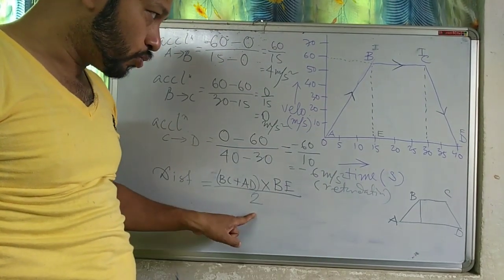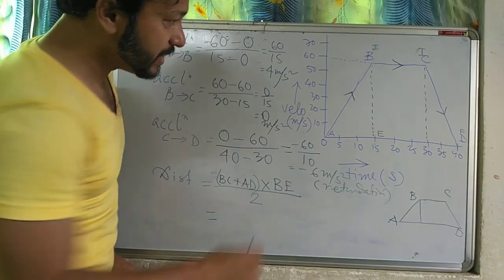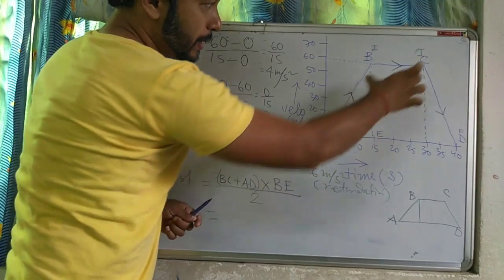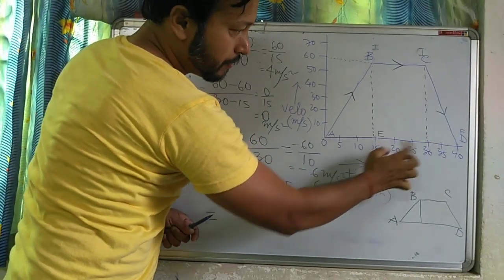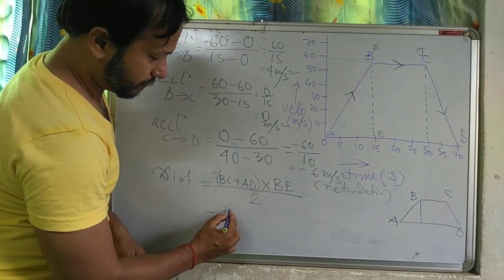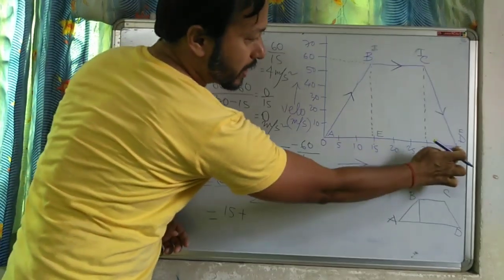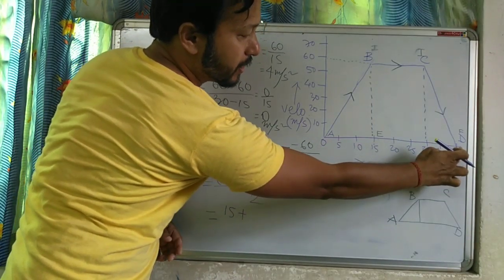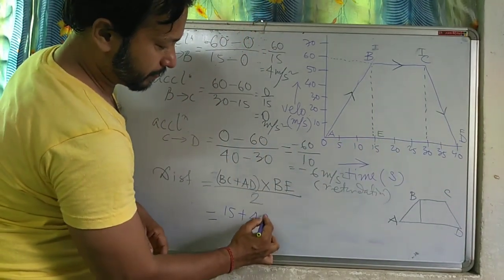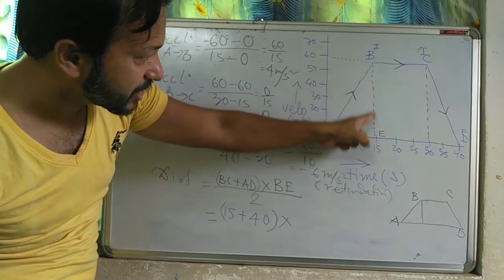So the area is equal to, by 2. Now what is BC? BC means 15 to 30, that is 15, plus AD. AD means this complete one, 0 to 40, that is 40, into BE, this height.